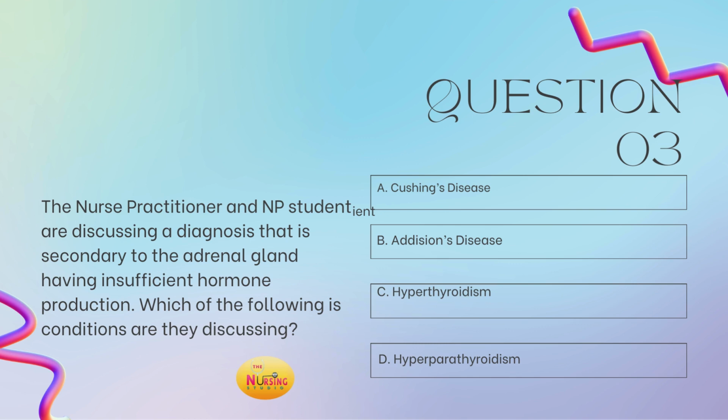Is that Cushing's disease? No, because we know with Cushing's disease, they have too much, right? I always say, they're Cush. I think of it like we got cushion, we have room because we have too much of it. We're not lacking. You're not insufficient. We have too much, right?